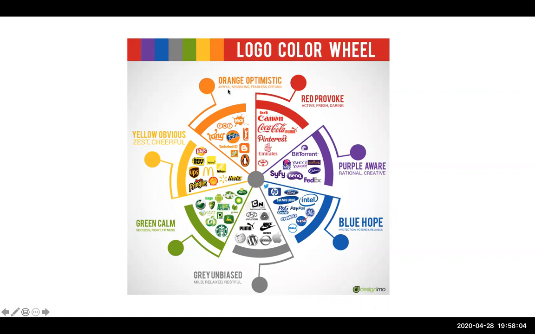It's joyful, it's fearless, it's sparkly. When you look at the brands that use orange as their logo, you can see they're really fun brands. Nickelodeon, Fanta, the NBA, things that people are trying to really give a lot of energy to.